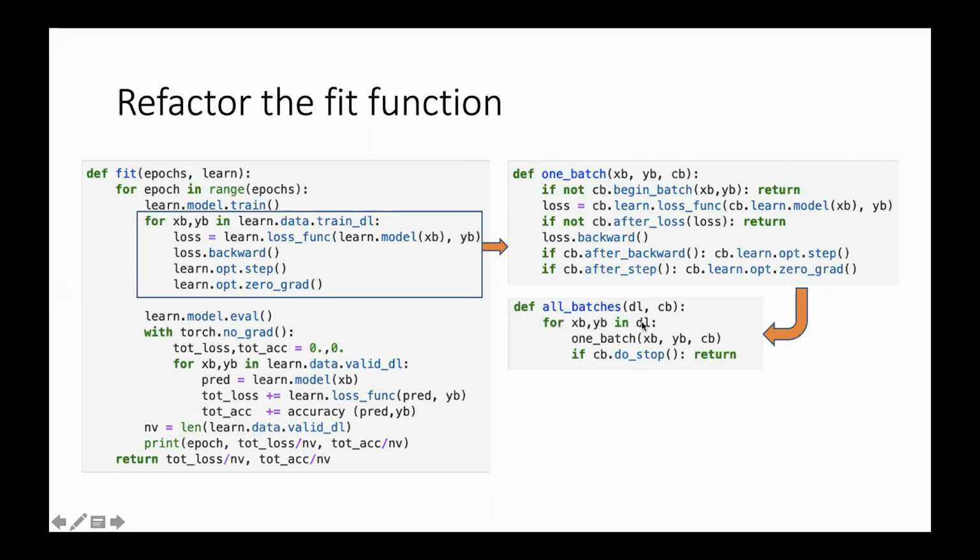So he writes another function called all batches, and he uses this one batch here. So that's the refactoring he does. He takes this existing fit function, takes this particular loop, which is for one batch, writes it separately, and then repurposes it in another function called all batches. So let us see how all of this helps. And you can stop me wherever you feel that it's not clear to you.